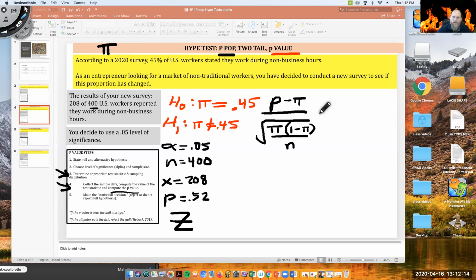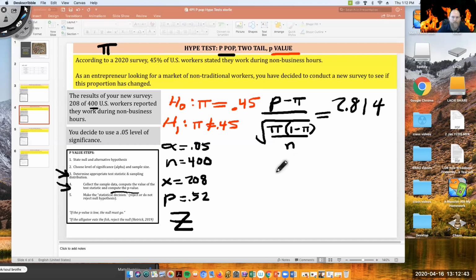Once again, when we put in all these values, 0.52 for sample P, we're going to put 0.45 into P pop. Same down here. We're going to put 400 in for N, and that is 2.814. That hasn't changed. Now, here's where the tricky part potentially comes in, but it's not that hard.